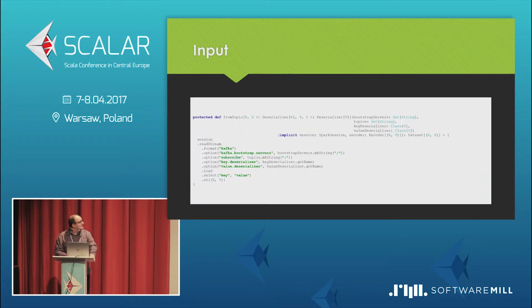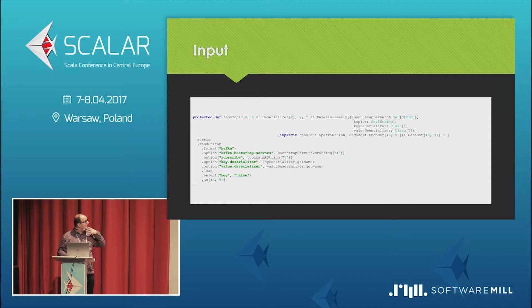So enough talking. This is how it actually looks. It's a sample data source for Kafka from the loan management program and prediction that I mentioned. So you can see here what I'm doing is I'm taking the session, calling a readStream method on it. Then I have to provide the format, which is essentially the type of data source that I'm using, in this case Kafka.